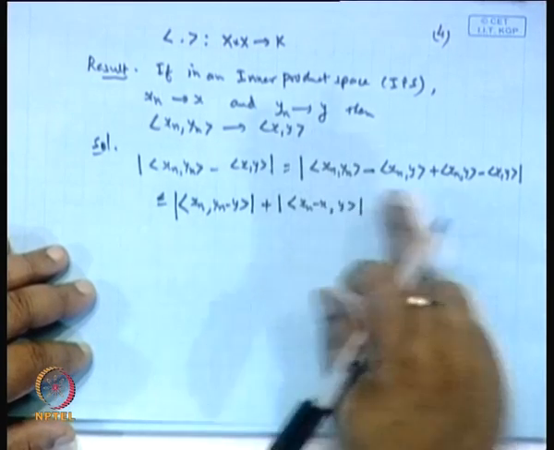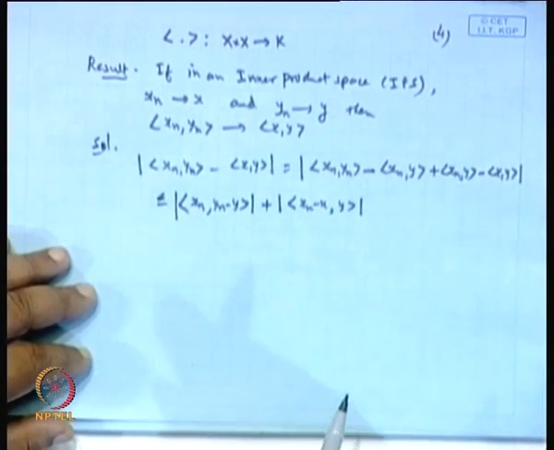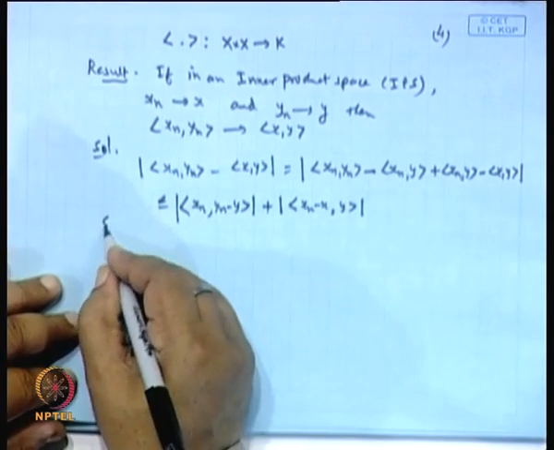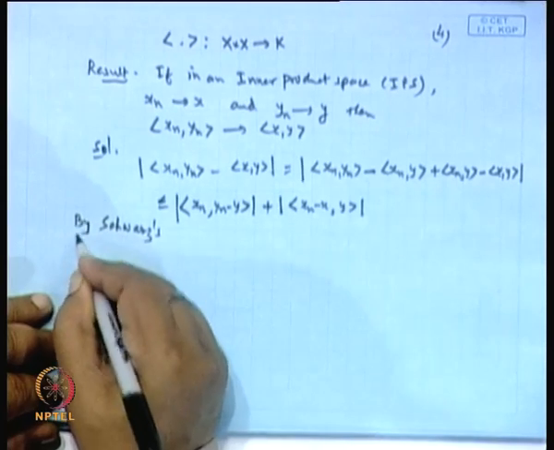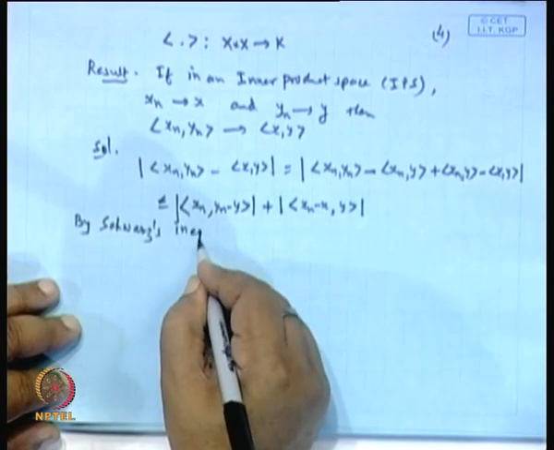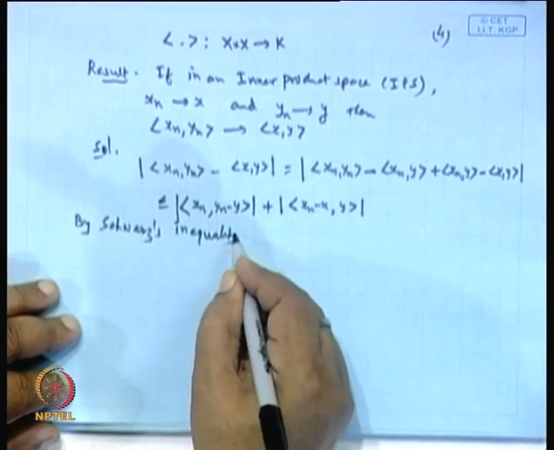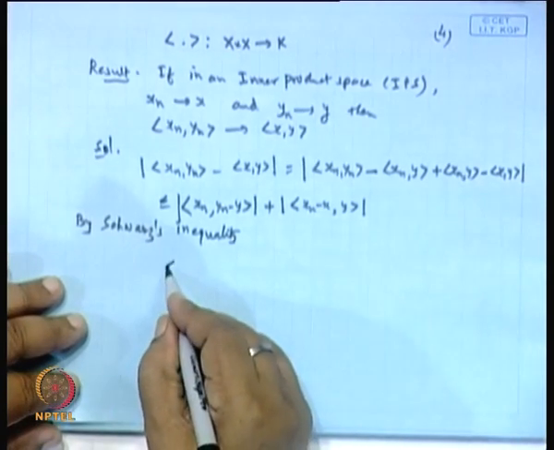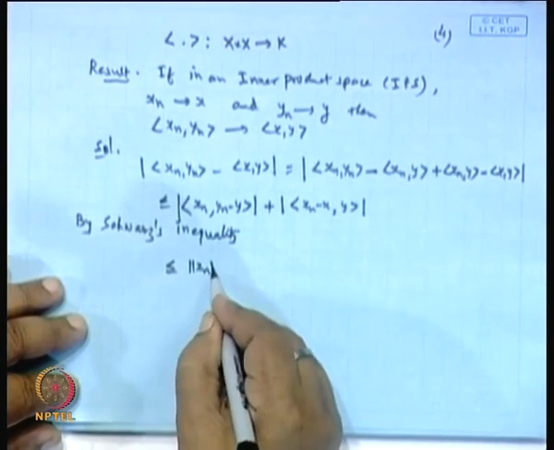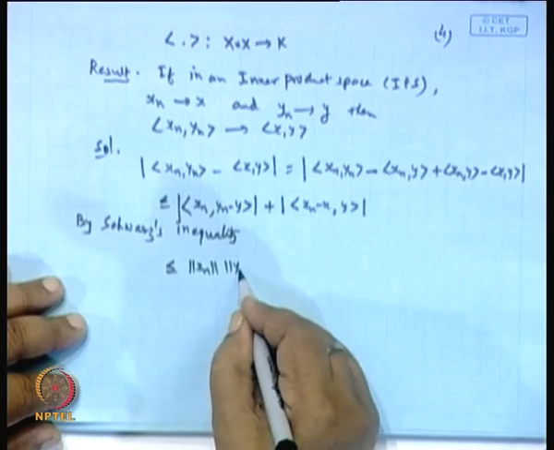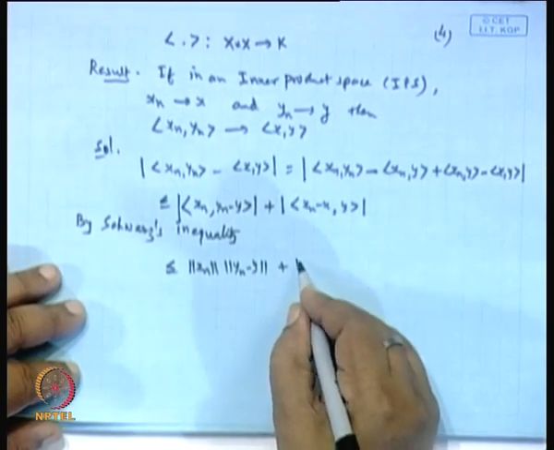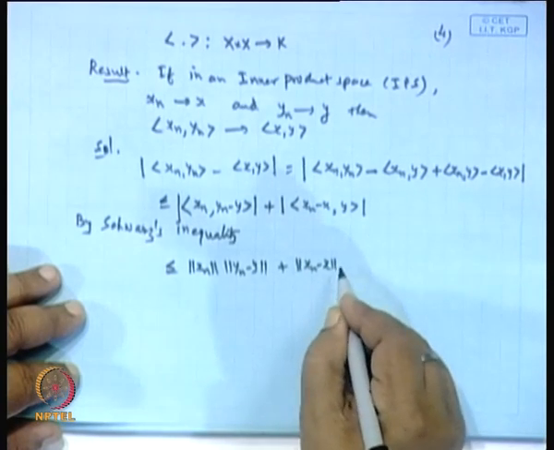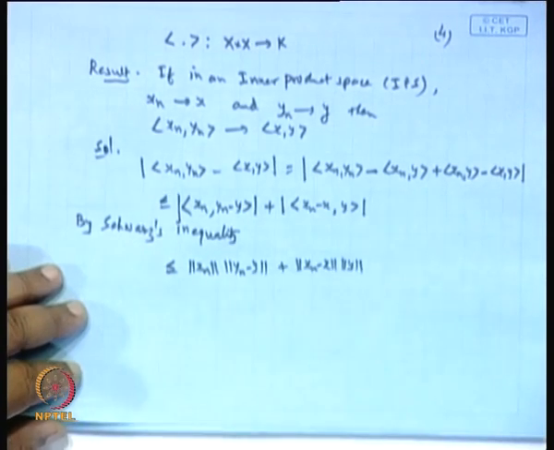Combine these two. Now, apply the Schwarz inequality. By Schwarz inequality, we get this is less than or equal to norm of x_n into norm of y_n minus y plus norm of x_n minus x into norm of y.